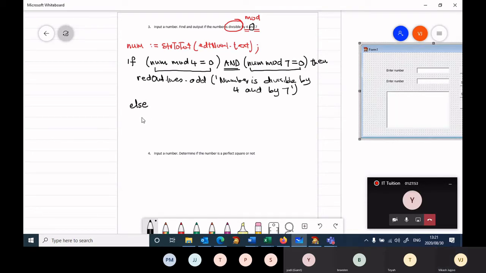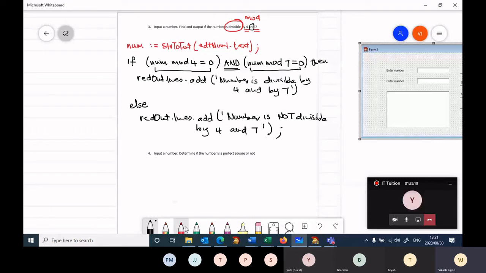Else readout.lines.add number is not divisible by 4 and 7.